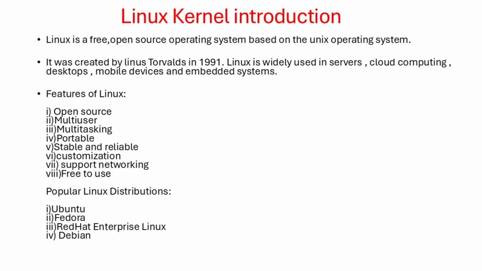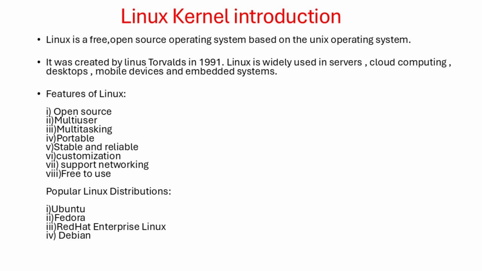More than one user can use this OS at the same time without interfering with each other. The next one is multitasking. Linux can run more than one job, program or process at the same time efficiently.